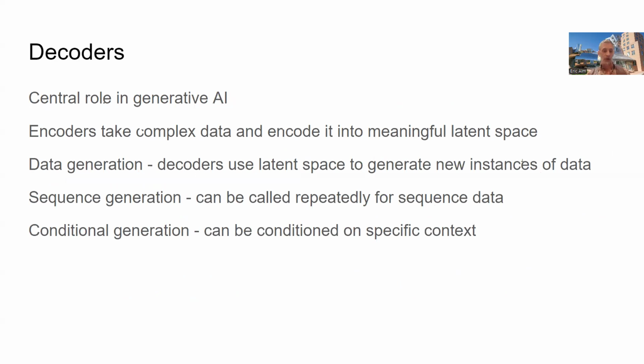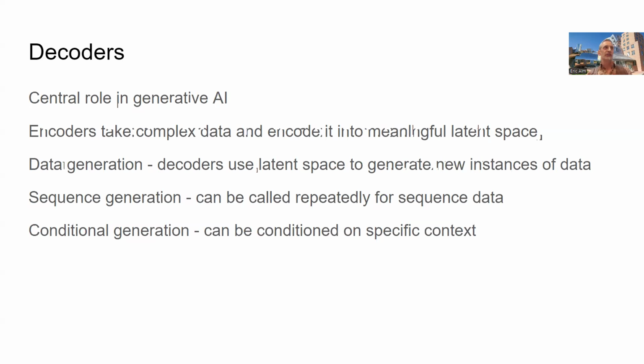Decoders are really the workhorse of generative AI. With our encoder, we can take in a picture and output the word cat or dog, or perform some classification. One of the most exciting things happening now in AI, of course, is generative AI. So we don't want to just output the word cat.